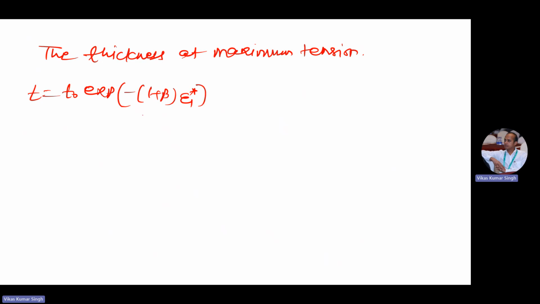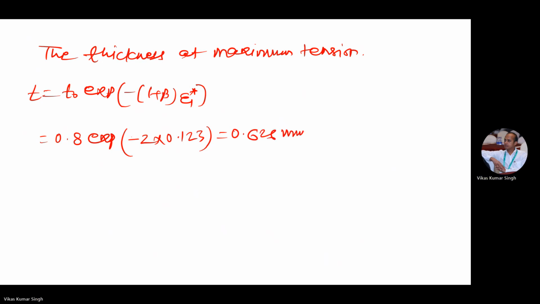Okay, and now if we are putting all this value 0.8 exponential of minus 2 into 0.123, and this is again same value we have already calculated, so 0.626 mm. Okay, this is going to be this value.